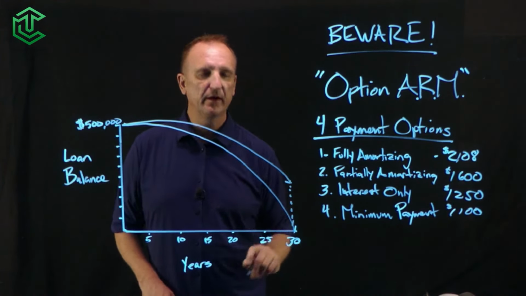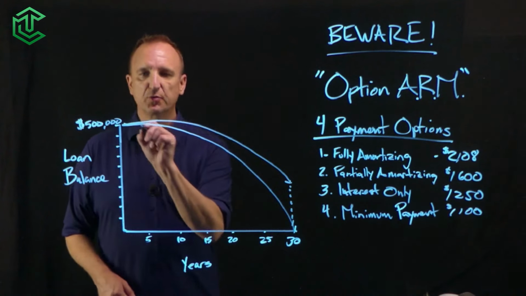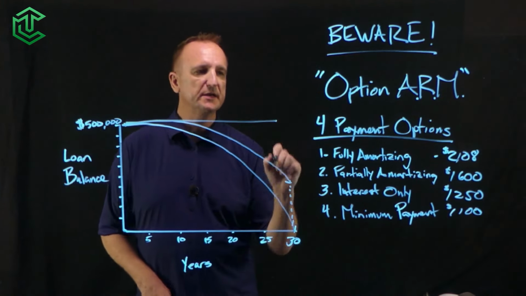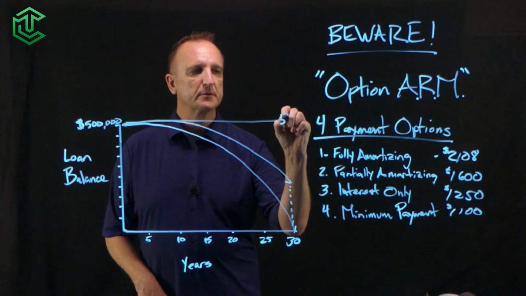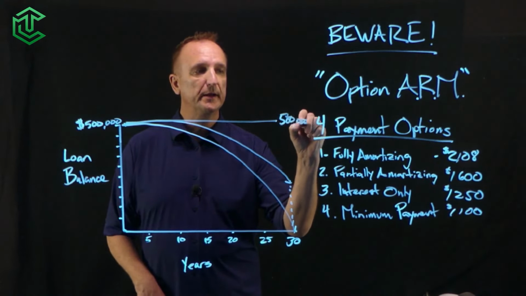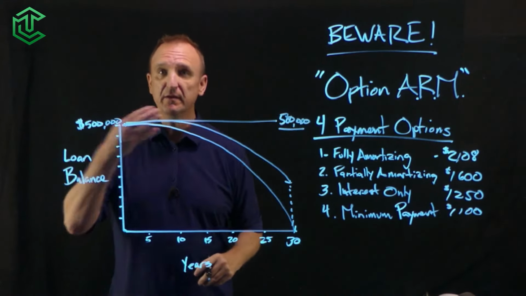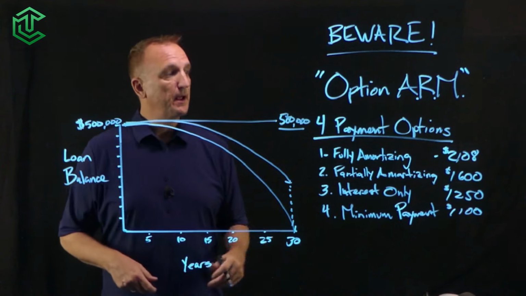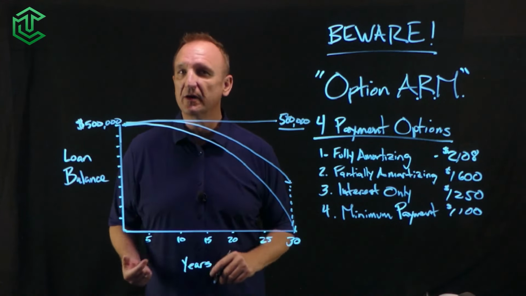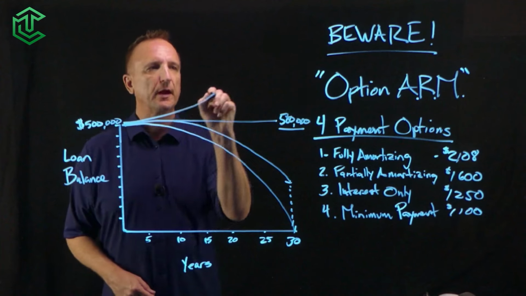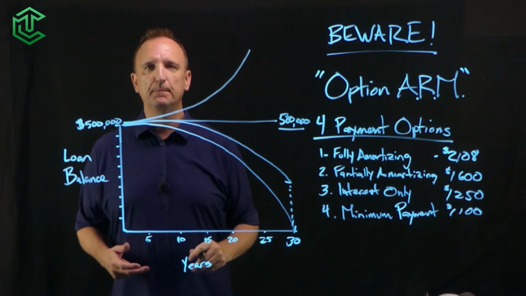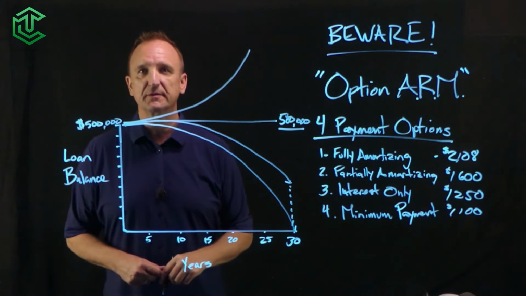You would still have a balance left over. The $1,250 payment is the interest-only payment, so you wouldn't pay any principal down. At the end, you would still owe the same amount. And if you just paid $1,100 over time, your balance would actually go up. And that's called negative amortization.